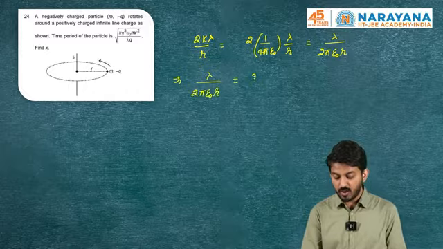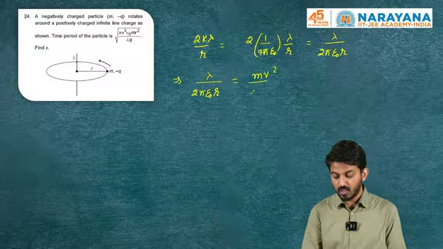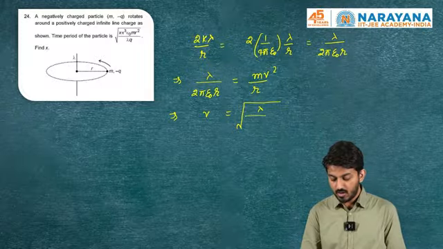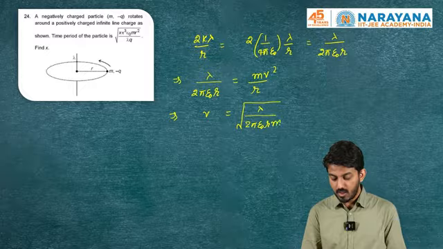And this should be equal to mv square by r because it is undergoing circular motion, giving us v is equal to root over lambda divided by 2 pi epsilon naught r m.